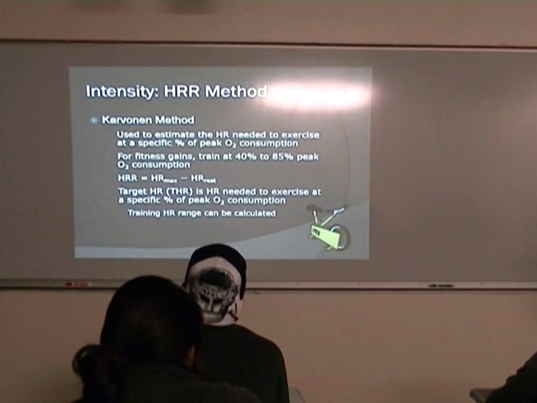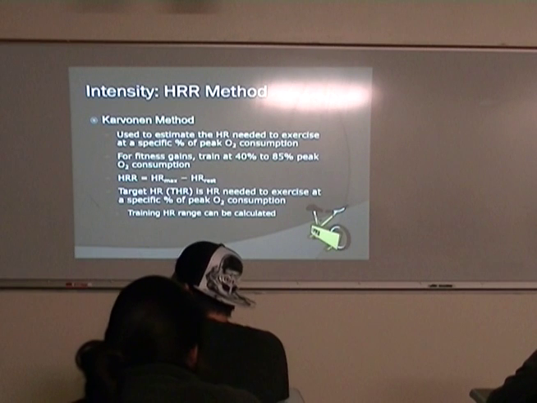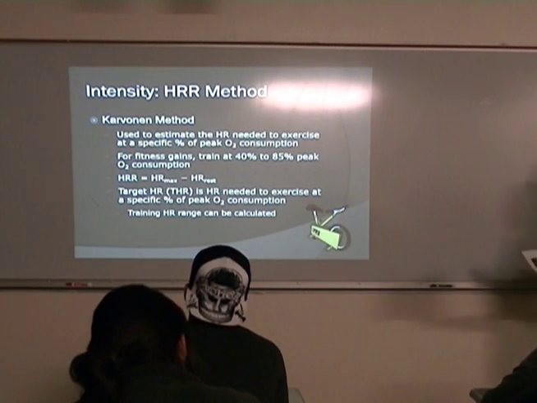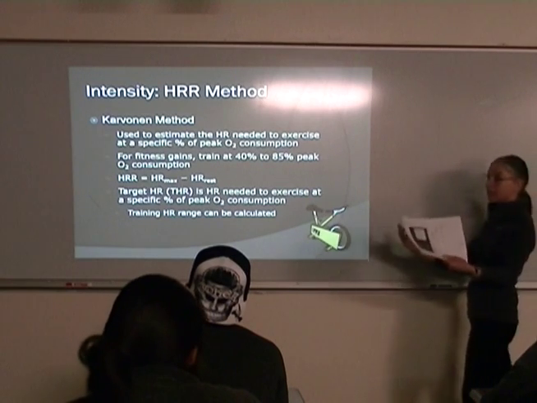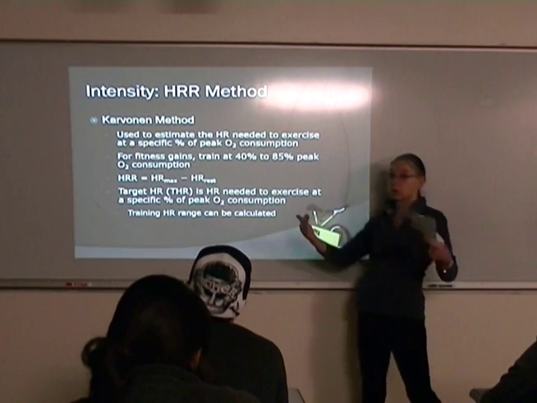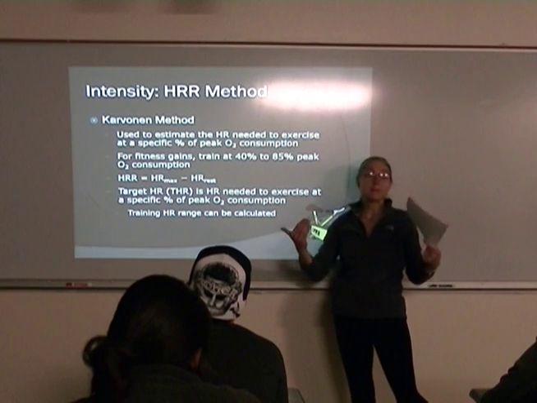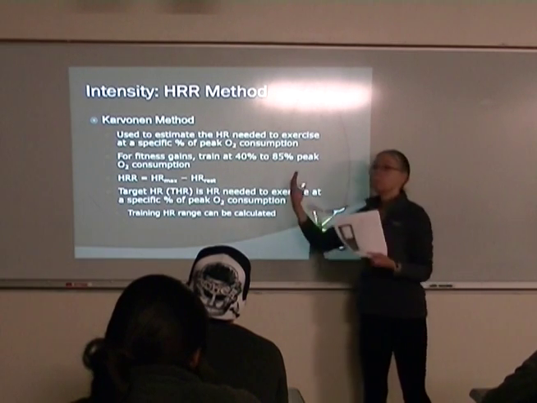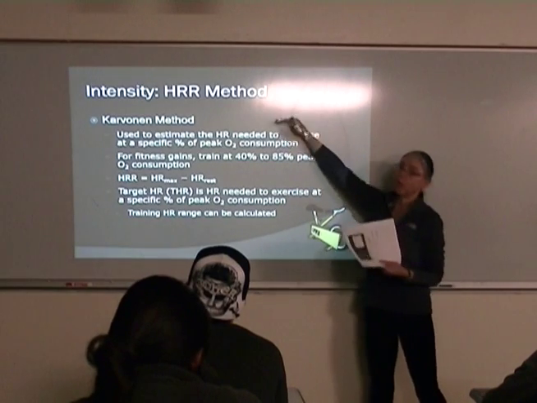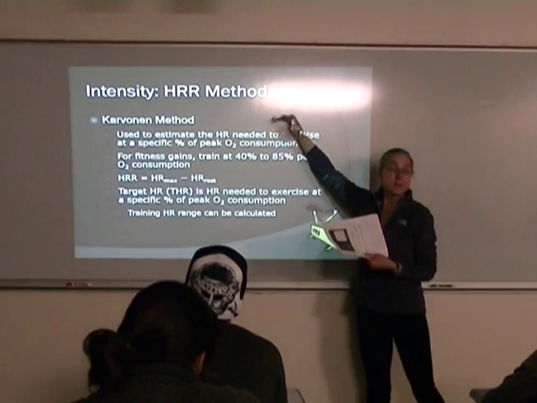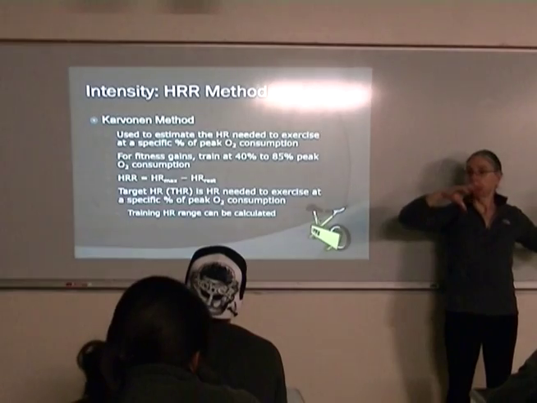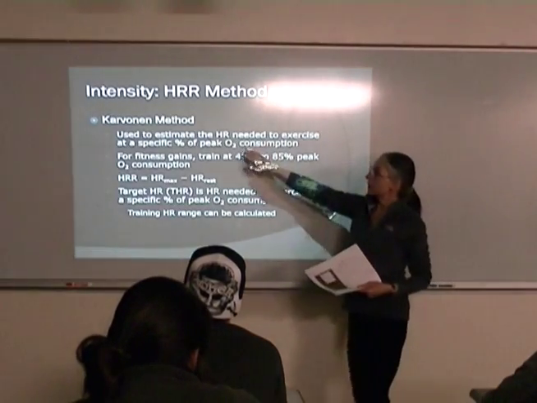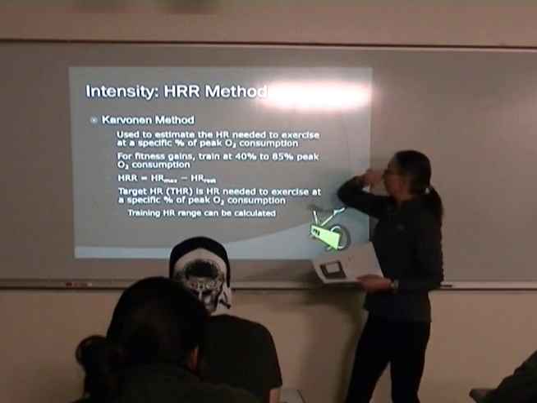So if you don't want to do the change in numbers because your program was written in percentage VO2, I'm working at a percentage of my maximum oxygen consumption, and many programs use those numbers, then you can use heart rate reserve to estimate VO2. Right? So it's called the Karvonen method.